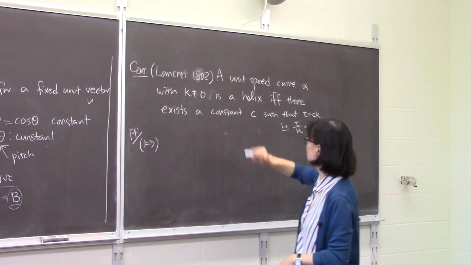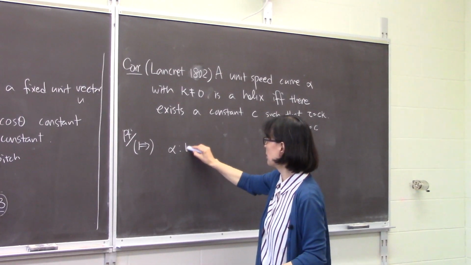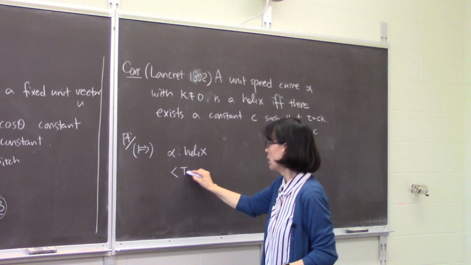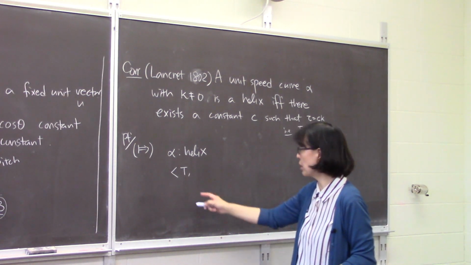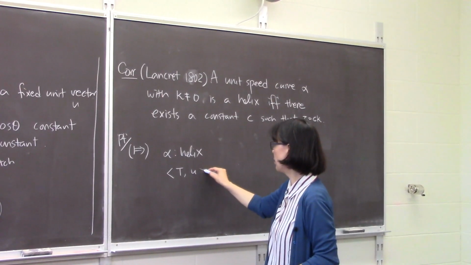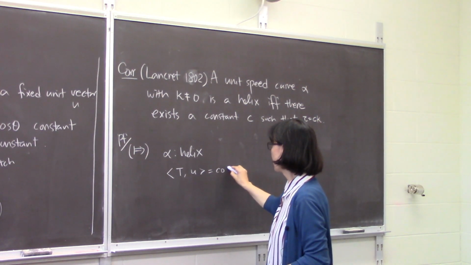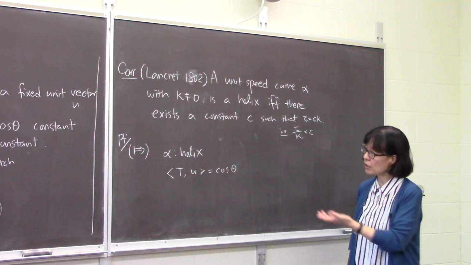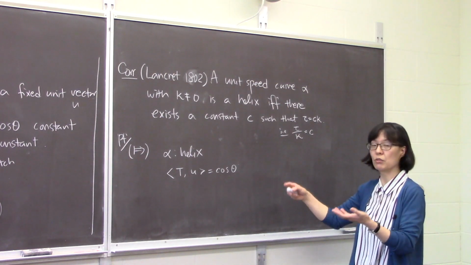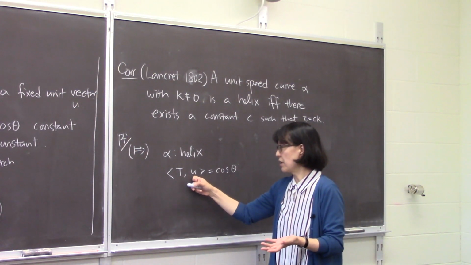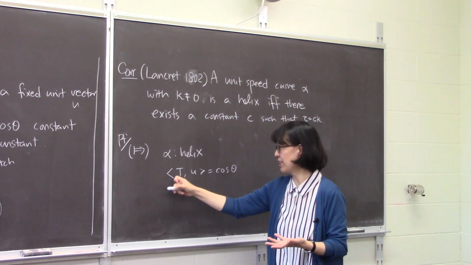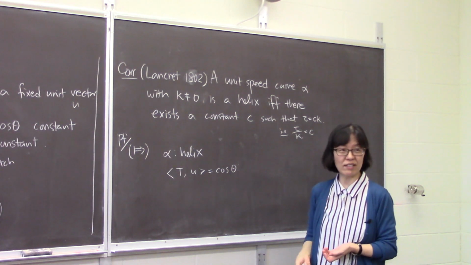So suppose that alpha is a helix. Then we have a condition: the inner product of T and U is cosine theta. Because we assume alpha is a helix, we know that there is a fixed constant unit vector U such that the inner product of T and U is cosine theta.